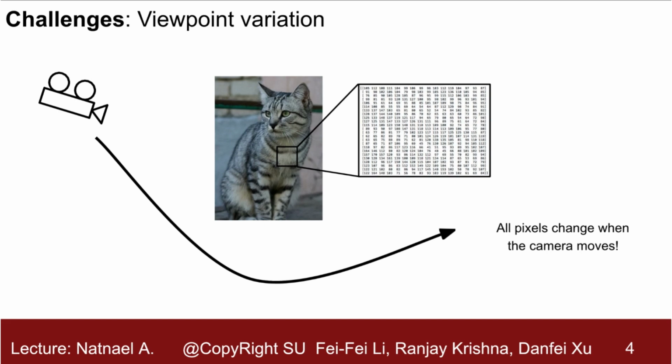This is one of the most important challenges in image classification, and we label this problem set as viewpoint variation. So for the same target image, if you change your orientation against that image, then the combination of pixels, the matrix data, will change significantly. So this is a major issue.